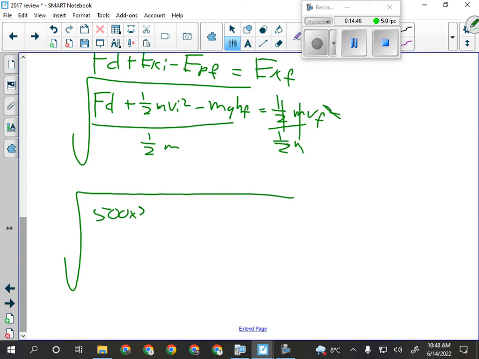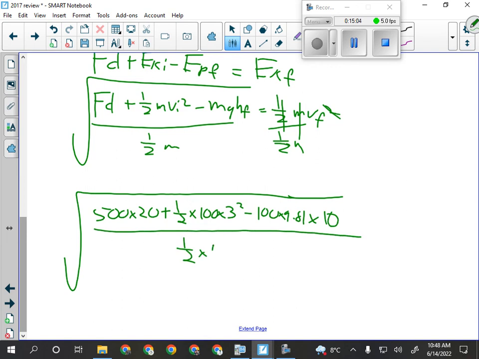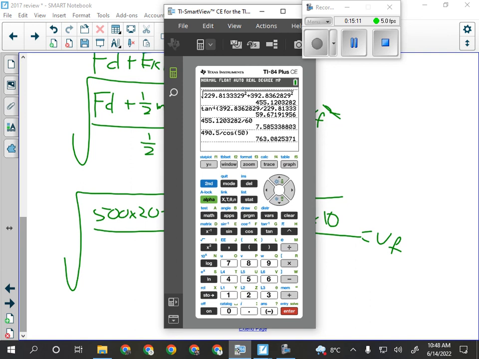Okay, so if I plug in my numbers, 500 newtons times 20 meters plus 1/2 times 100 times 3 squared minus 100 times 9.81 times 10 divided by 1/2 times 100. Okay, that'll give me VF. So when I plug all that in, I'm going to have 1,000 minus 0.5 times 100 times 3 squared.